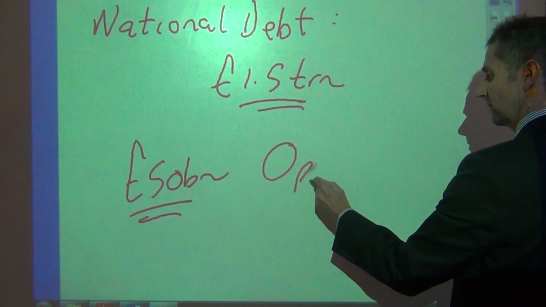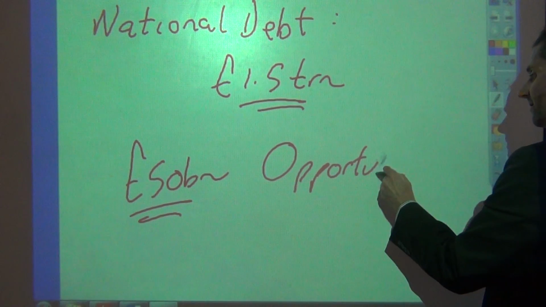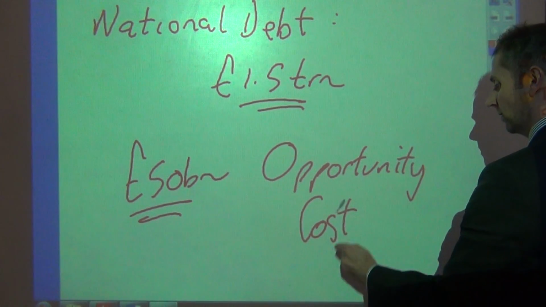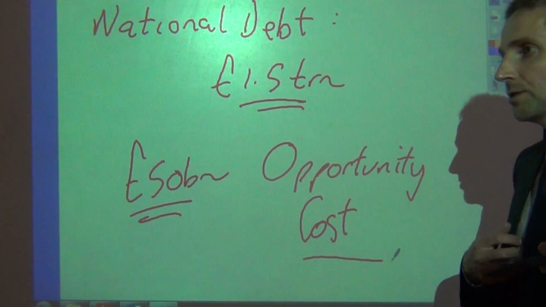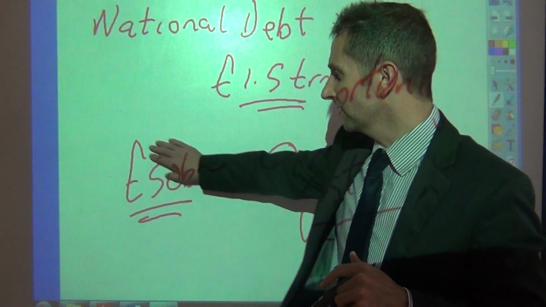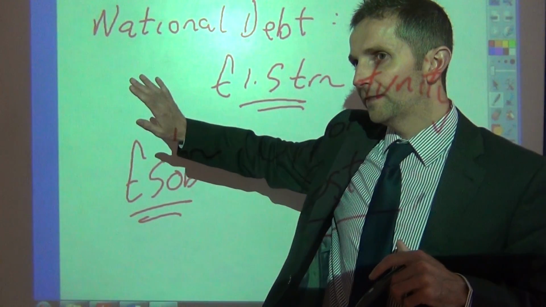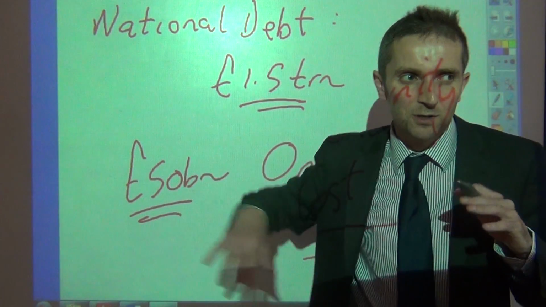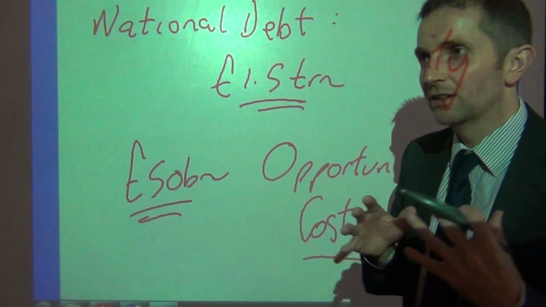So with that debt there is obviously an enormous opportunity cost, because we're servicing that debt. It's costing us an absolute arm and a leg. I think the national debt figure goes up by around about £5,000 a second.